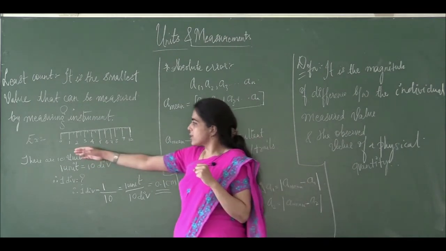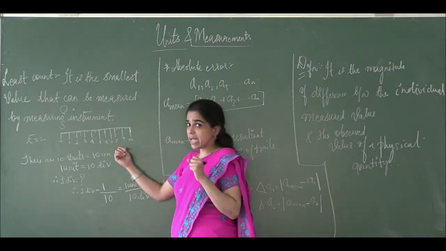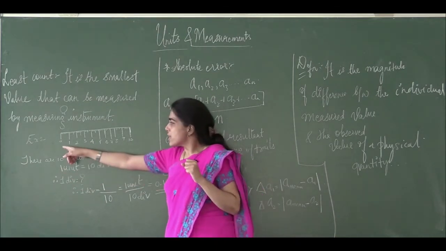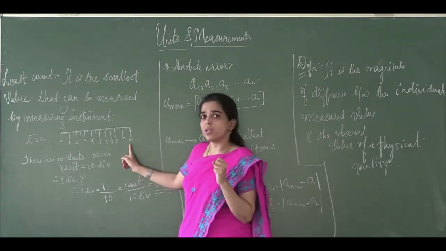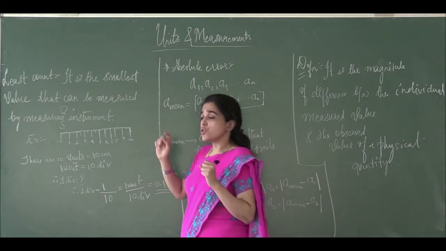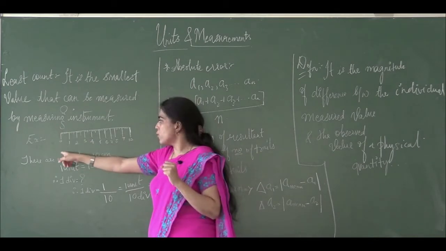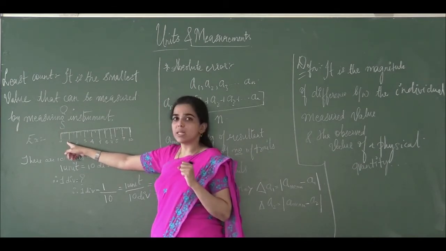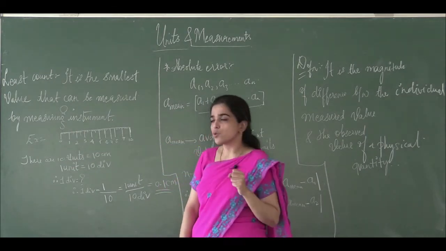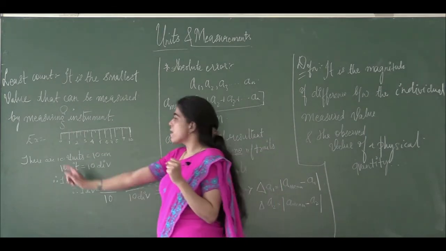Okay, so consider this to be a 10 centimeter scale, where there are a total of 10 units. So from here to here there are a total of 10 units, which is equal to 10 centimeters. So that means the value of 1 unit will be equal to 1 centimeter, which is equal to 10 divisions. So we are supposed to find the value of this first division.